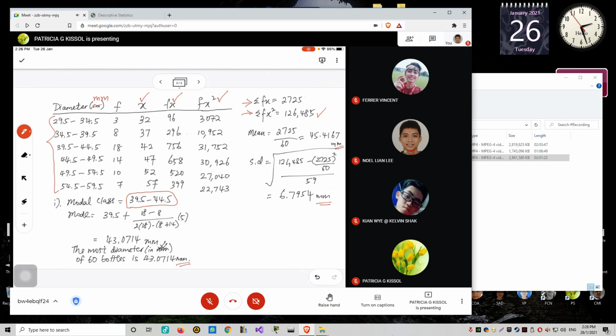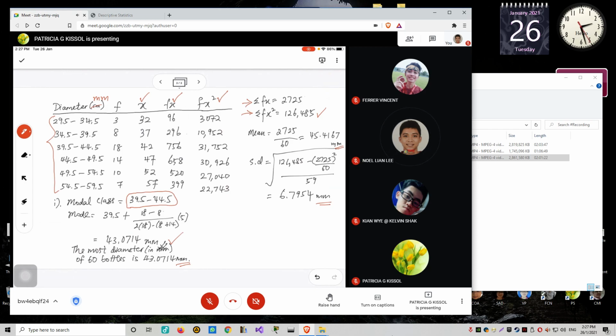That means 18 is the frequency of the modal class, minus the frequency before, divided by 2 times the frequency of the modal class minus the frequency before plus the frequency after, and overall multiplied by the class size, which is 5. That should give you 43.0714 millimeter. Did you get the same answer?